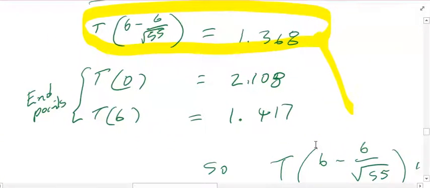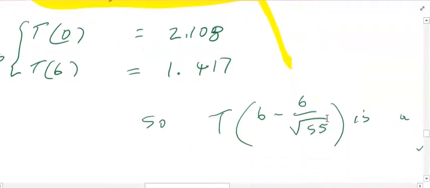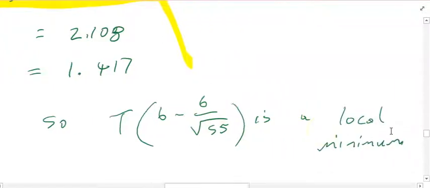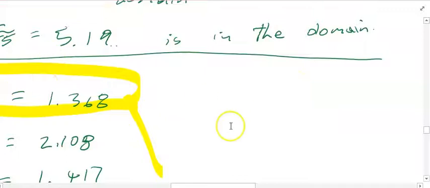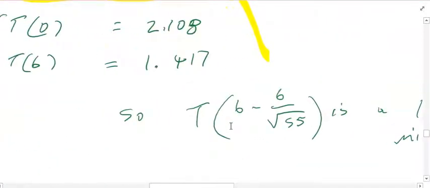We could test the endpoints as well, t of 0 and t of 6. T of 0 will give you 2.108. T of 6 will give you 1.417. So t of 6 minus 6 over radical 55 is our local minimum because it's the lowest value in that interval.